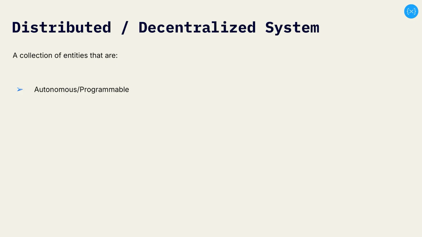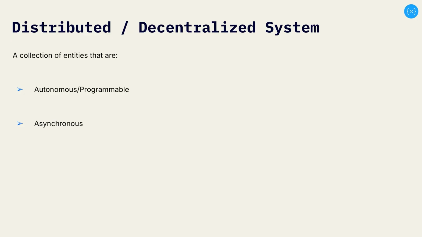This means that each component, each server is running their own software, and they are taking actions based on their local state and or the messages they receive from the network. There is no central control unit that tells each entity in the system what to do. Each server makes their own decisions.